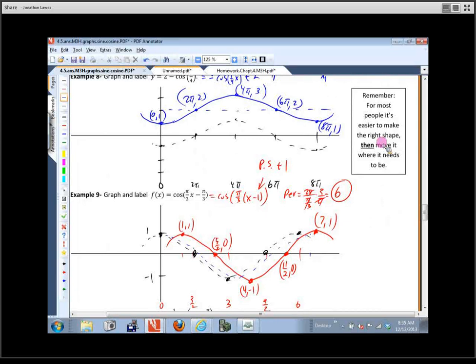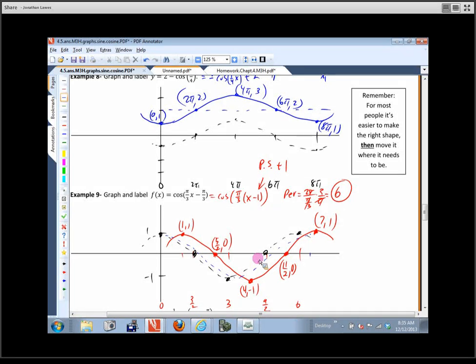Vertically stretch it and shrink it, change the amplitude. Do the vertical flip, and then take care of sliding it left, right, up or down. So these little dotted graphs are very helpful because the points on those are relatively easy to figure out. And then all you have to do is take those and change the x coordinate by how much the phase shift is, and change the y coordinate by however much the vertical shift is.